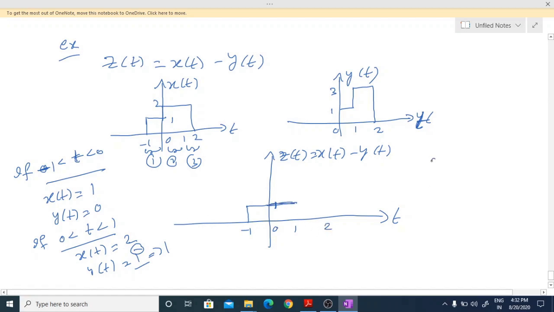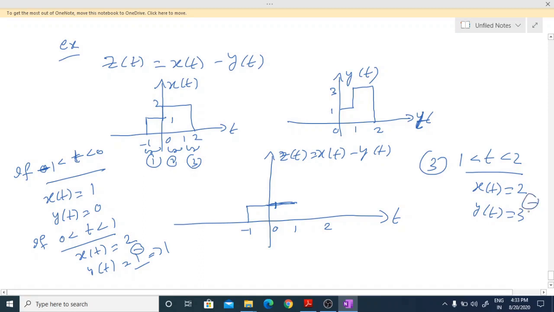And in the third region, t is in between 1 to 2. In this case, the x of t signal amplitude is 2 and y of t signal amplitude is 3.